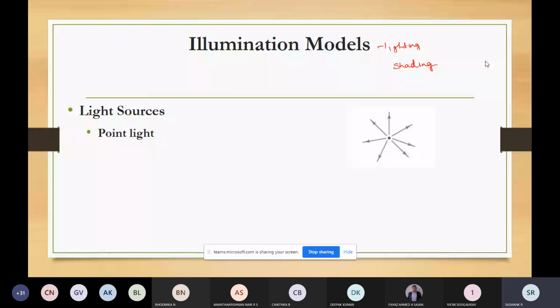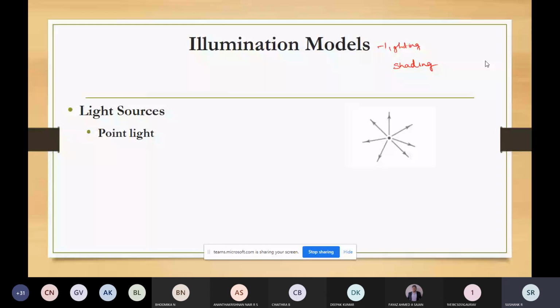Now, light sources can be of a variety of shapes and characteristics, but in computer graphics our main intention is to use the light source as a source of illumination for a scene. What will be the effect of the light on that object? That is our main concern.